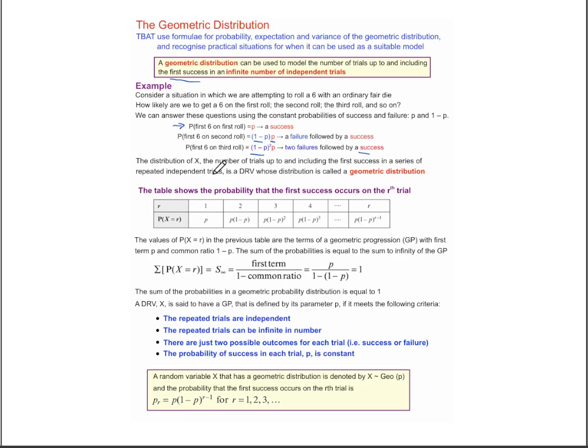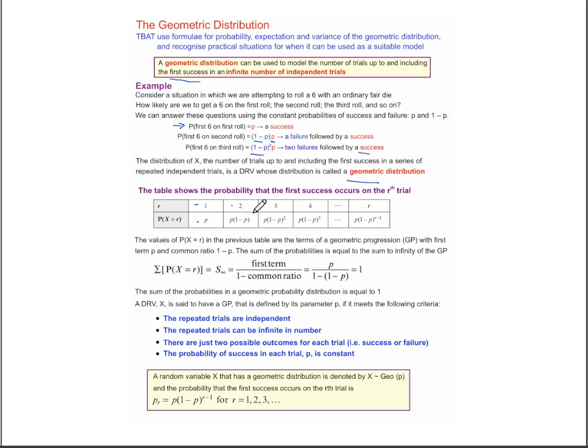Then the distribution of the random variable x, which stands for the number of trials up to and including the first success that you get in the repeated independent trials, is that random variable x is distributed geometrically. This table here shows the probability that the first success occurs on the rth trial. For it happening on the first trial, you just need the probability of success straight away.